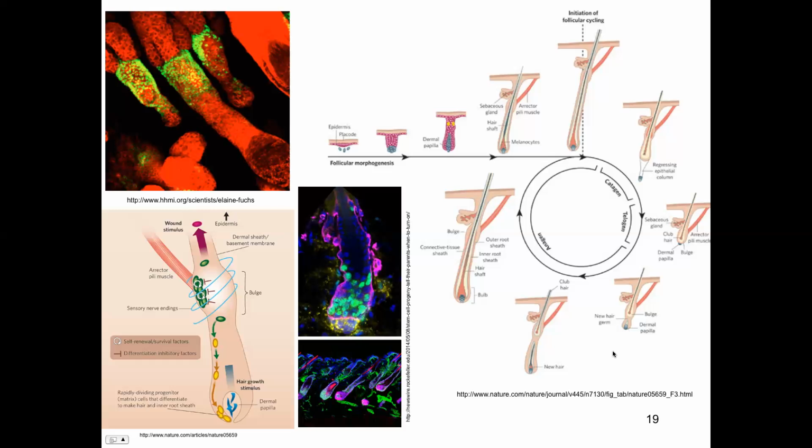Then you go into a regression phase where they stop dividing and just hold on to the hair. Then you get to a point where they rest. And then your hair will fall out and the bulb will shrink back, and you get back up to this bulge here, right?